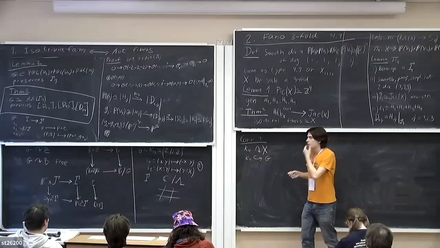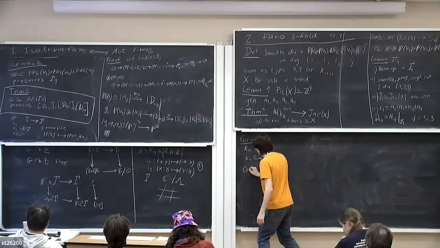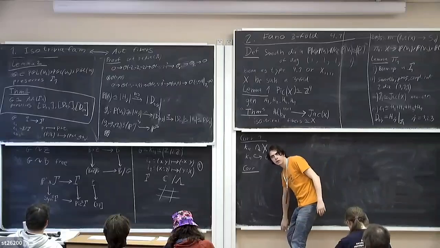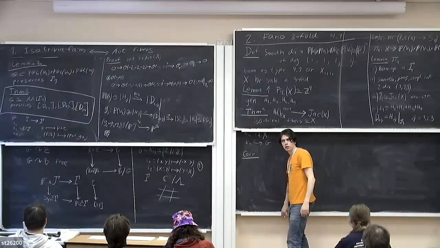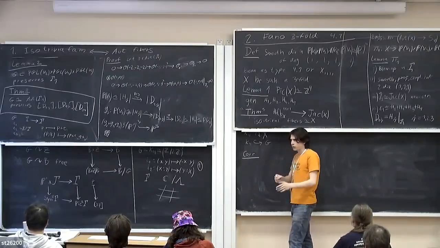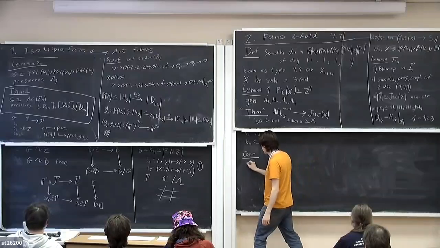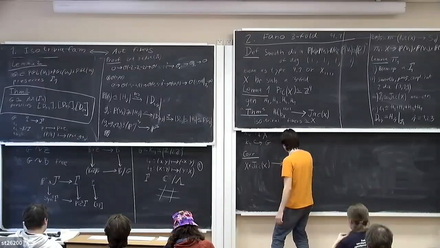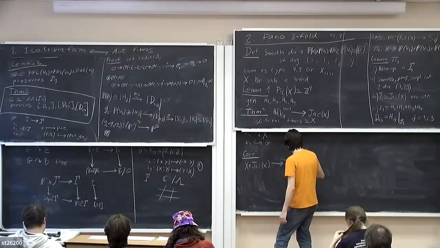All right. And another corollary is that we can now construct an isotrivial family where all fibers are isomorphic to X, and we can do it as follows. We take X, the intermediate Jacobian of X, and we take the projection to the intermediate Jacobian.